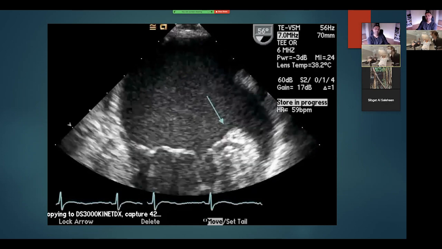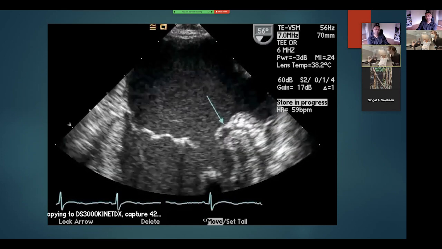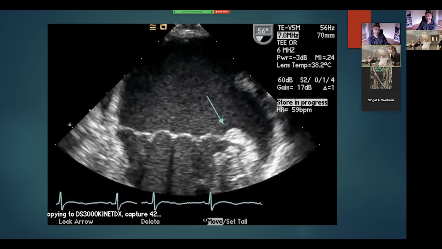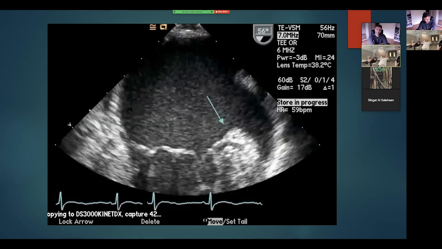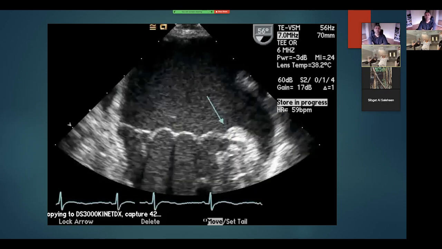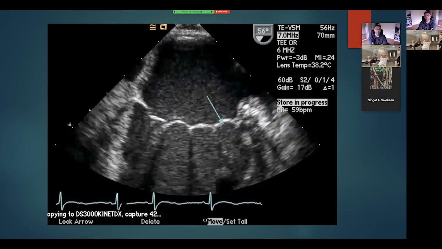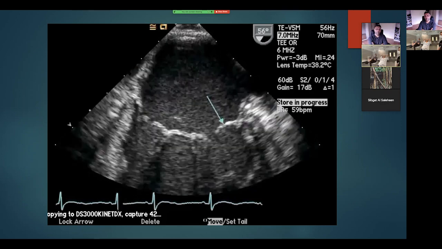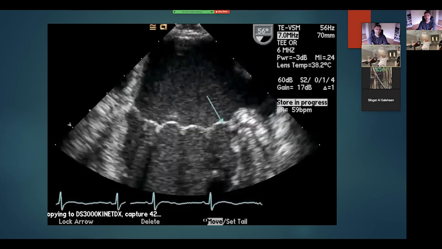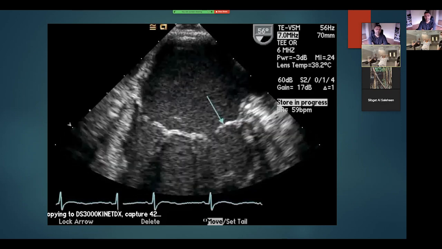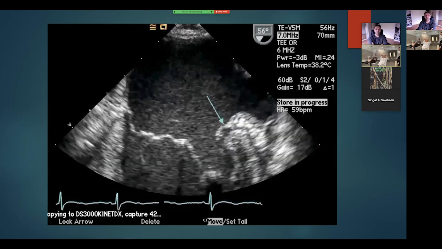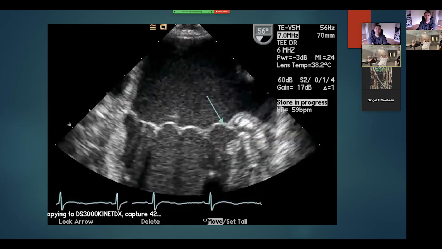All right, this is going to take some thinking for me. This is what it's all about. Okay, so this is the 2-chamber. One's anterior, one's inferior. Very good. Which one's the anterior?